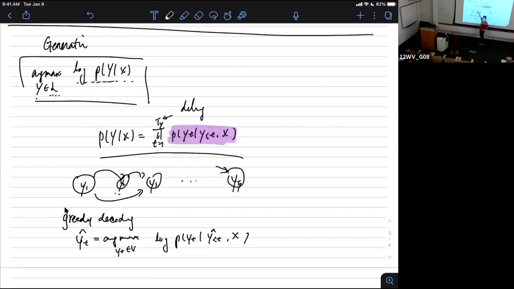Now, the second thing is that if we don't have an arrow, then we can express independence properties. The lack of an arrow means no direct dependence between two nodes.